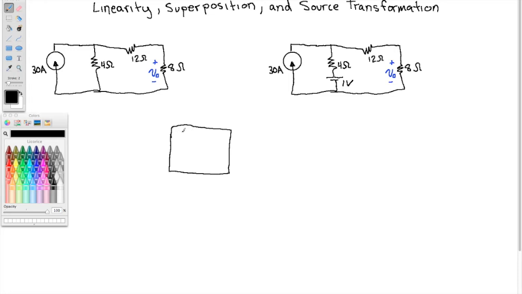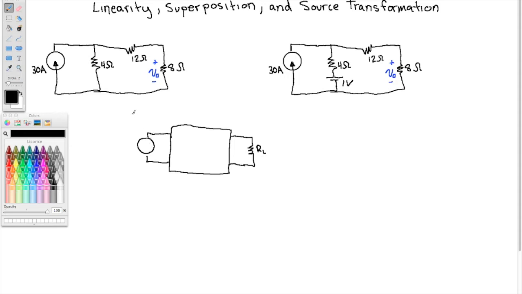a circuit can be viewed as a black box. Any circuit, really. And that black box usually has two output terminals, so you can connect a load resistor. Okay, and it's got some input terminals here. And I'm going to leave off the symbol here because the input can be either a current source or a voltage source.